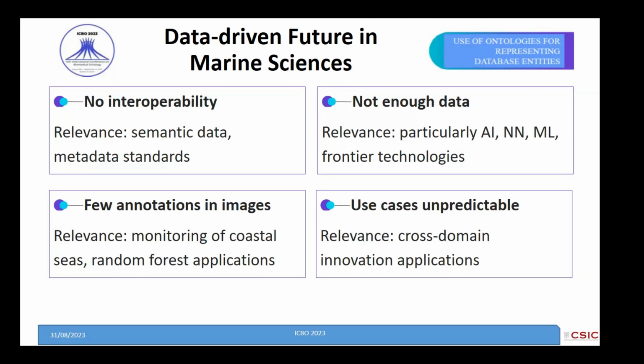Up until the 1990s, ocean data were only available once a research cruise had reached port, and the physical media, tape, disk, etc., had been submitted to data centers. Also, the few annotations in images.